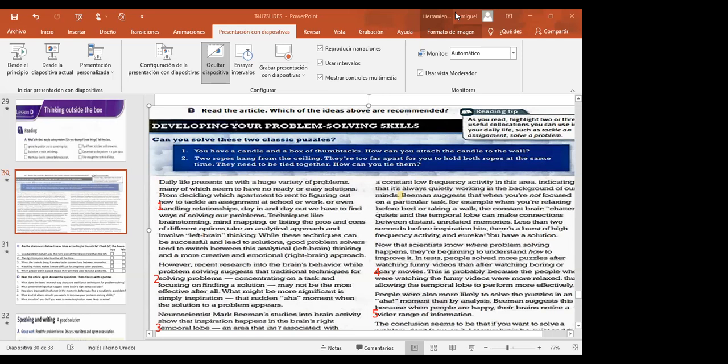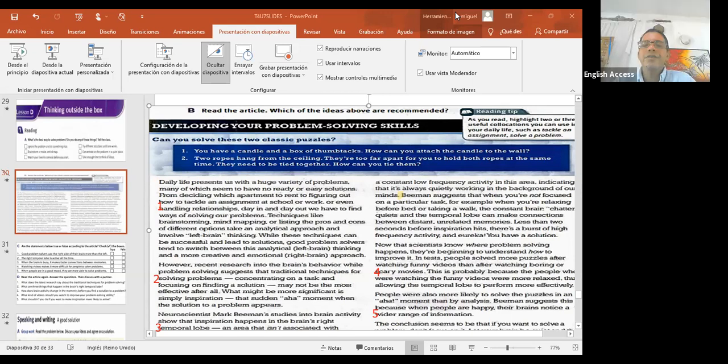Brain imaging scans show a constant low frequency activity in this area, indicating that it's always quietly working in the background of our minds. Okay, continue, Daniela.